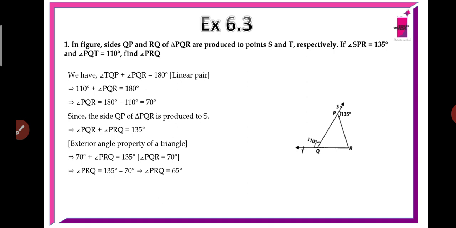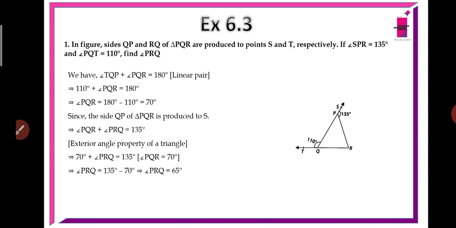Similarly, the side QP of triangle PQR is produced to S. Then angle PQR plus angle PRQ equal to 135 degrees because of the exterior angle property of a triangle. Now you know that angle Q plus angle R equals 135.